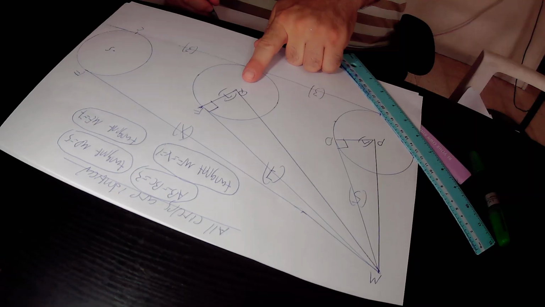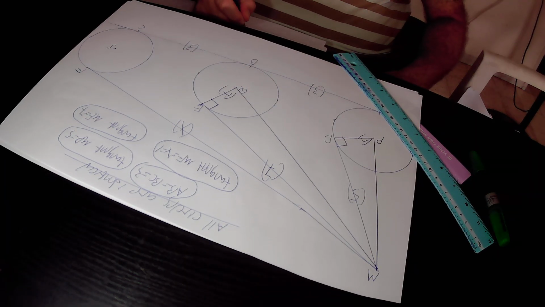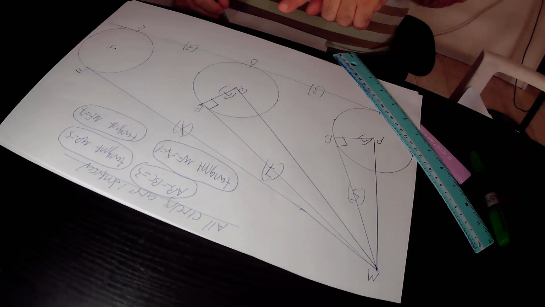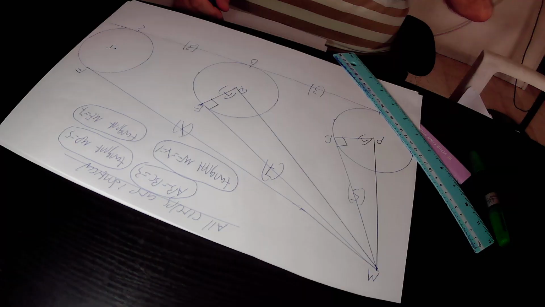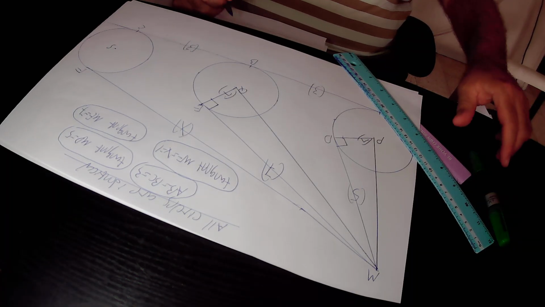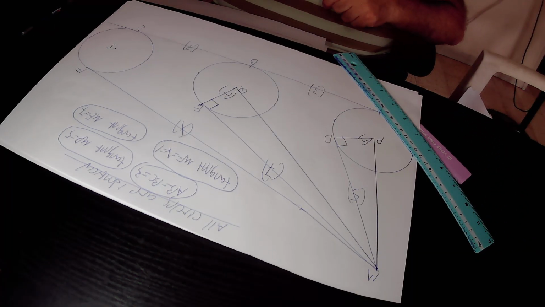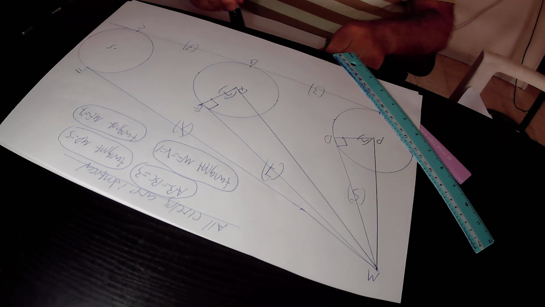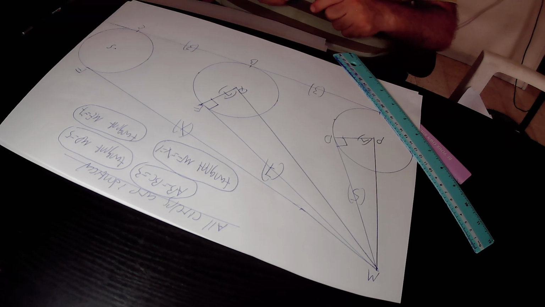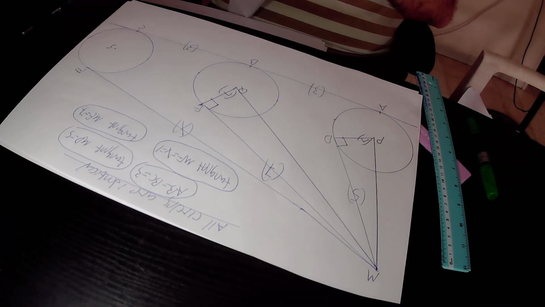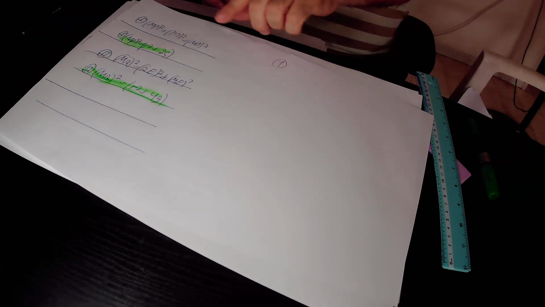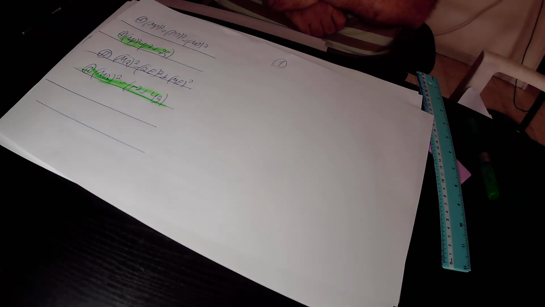QE is R, therefore QE squared is R squared. ME is 7, therefore ME squared is 7 squared, which is 49. So in total, according to equation 2, we found that MQ squared equals R squared plus 49.